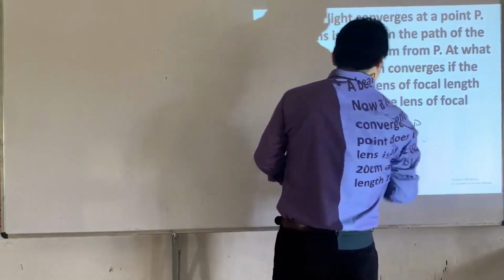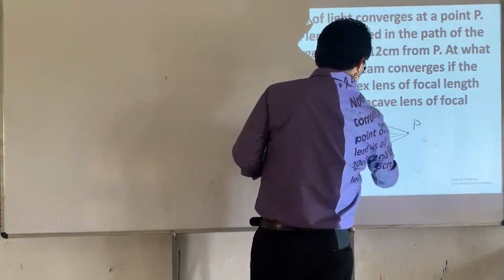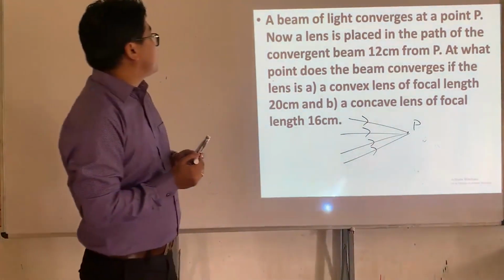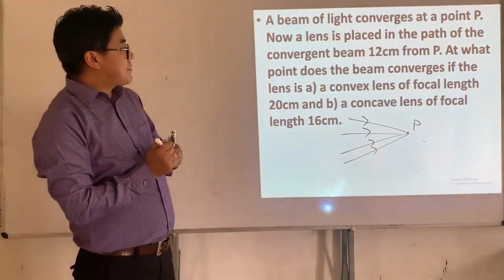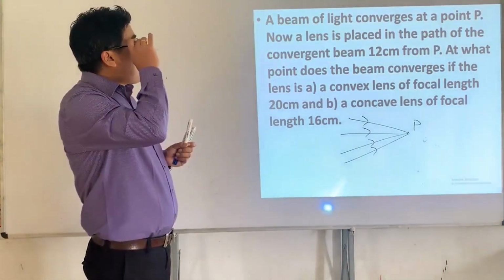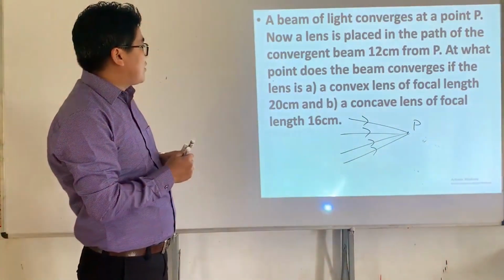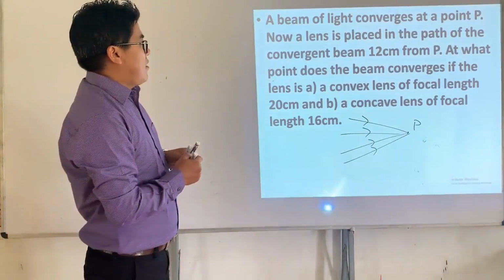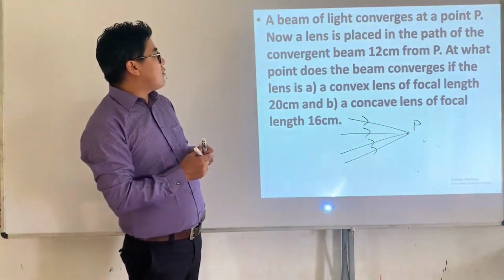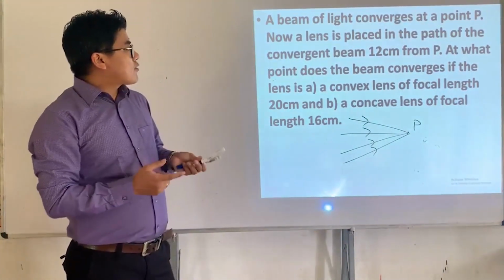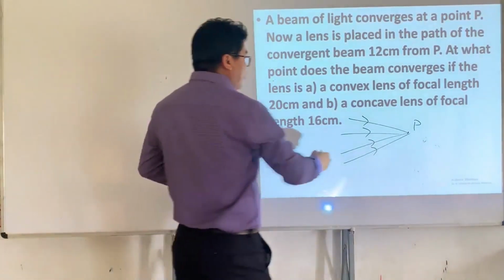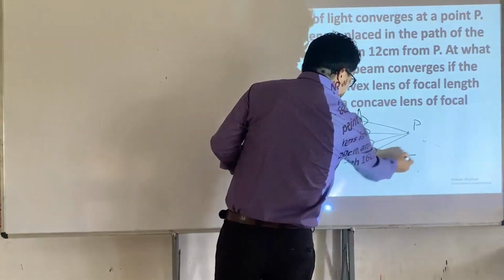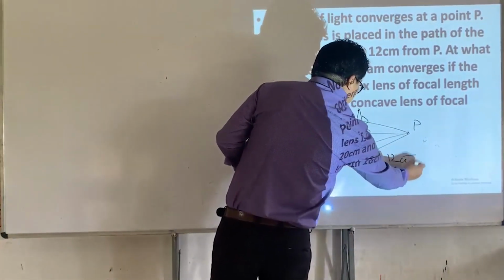This is P. A beam of light converges at point P. Now a lens is placed in the path of the convergent beam, 12 centimeter from P. That means I am going to keep the lens something like this. The distance is 12 centimeters.